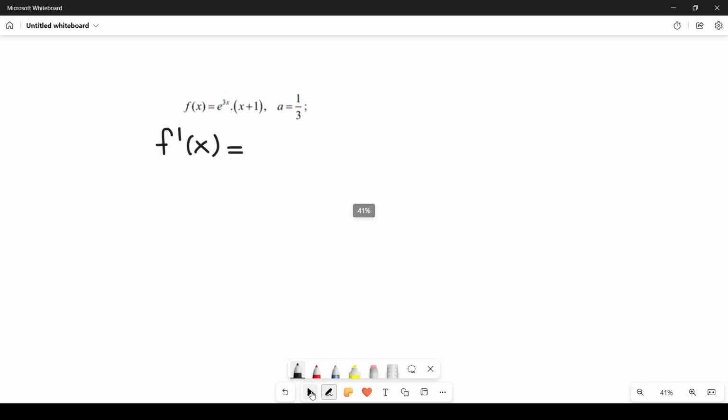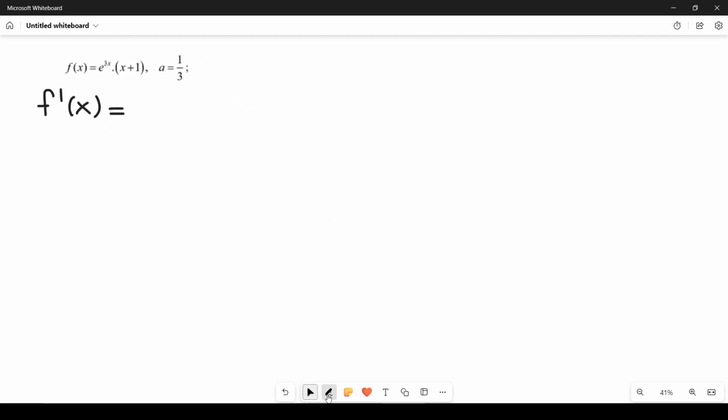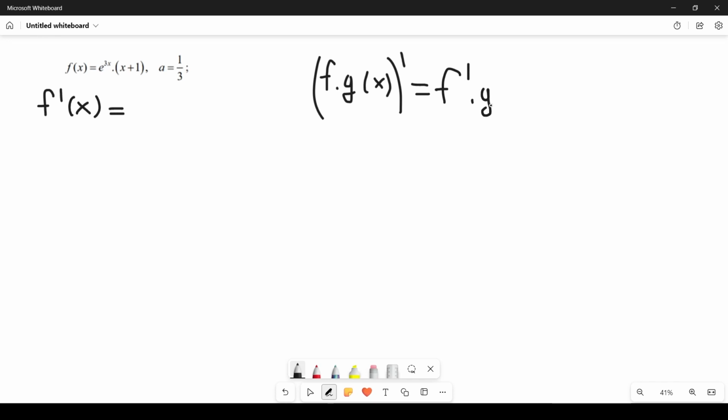What we're going to do is basically say that f times g, it doesn't matter how we pronounce it, which are functions of x, of course, and its first derivative is equal to the derivative of f times g, plus f times the derivative of g.